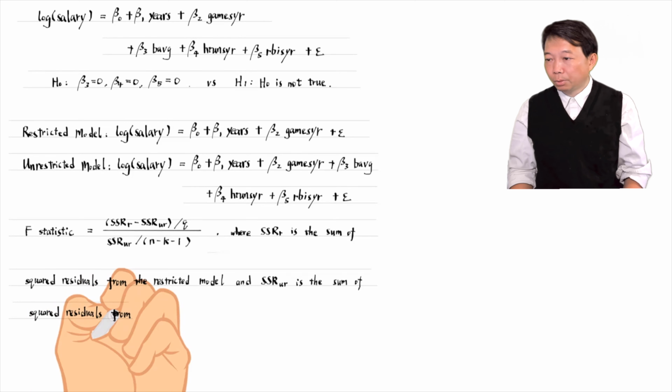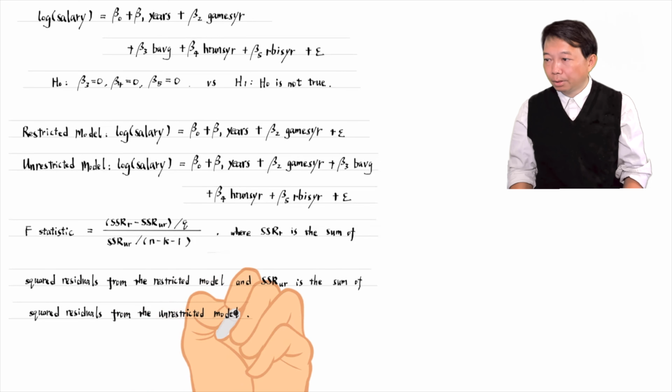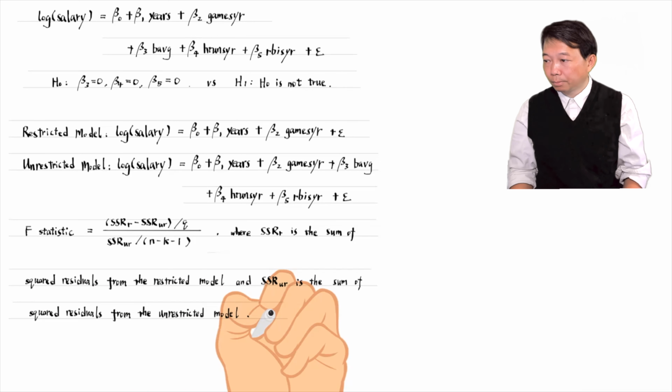The numerator degrees of freedom Q equals the number of restrictions, and the denominator degrees of freedom n minus k minus 1 is the unrestricted model's degrees of freedom. If the relative increase in the sum of squared residuals is large enough for a chosen significance level, then we reject the null hypothesis that the three variables are jointly insignificant.